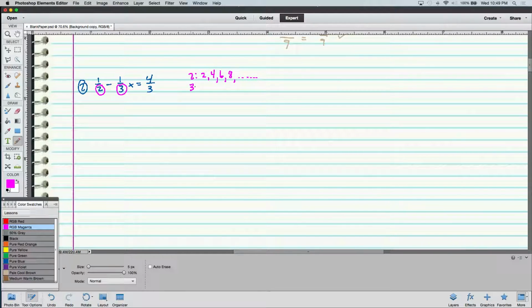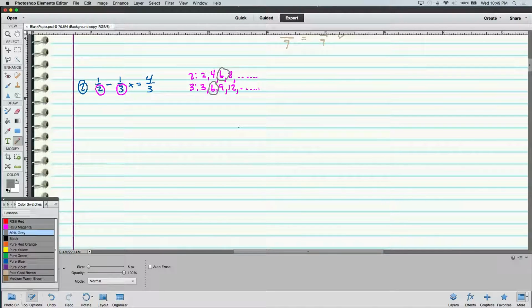Multiples of 3, 3, 6, 9, 12, on and on. Well, we want the one that is the least common. Which one do they share? Well, the 2 has a 6, and the 3 has a 6. So the 6 is going to be our least common multiple.